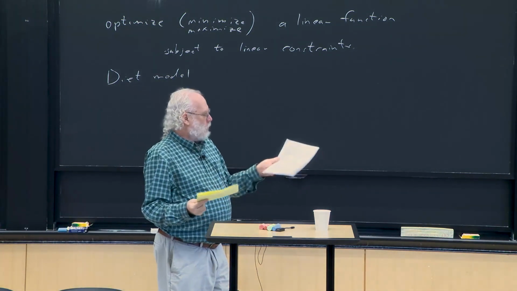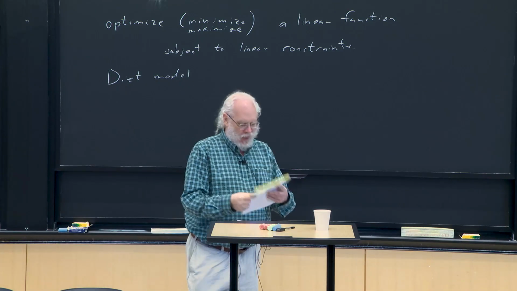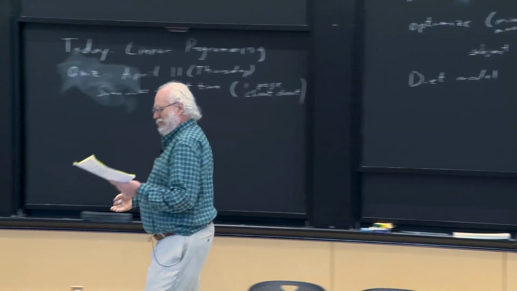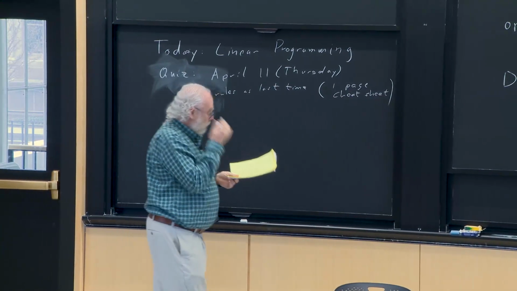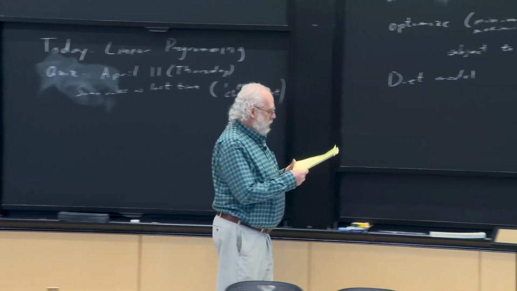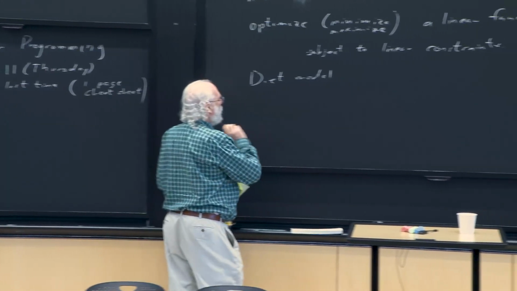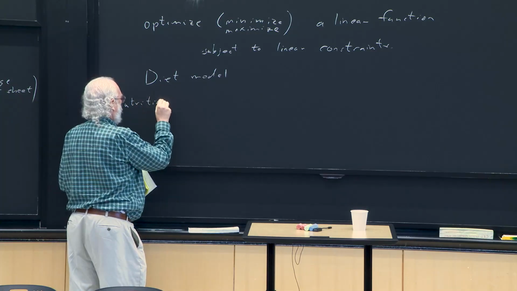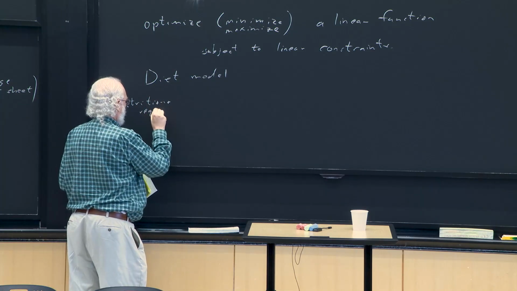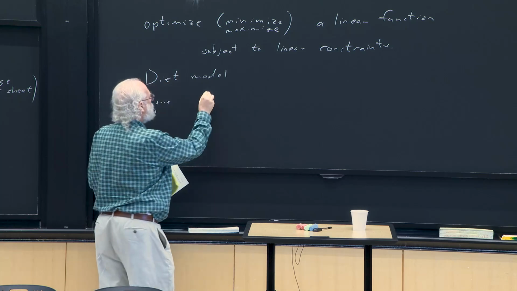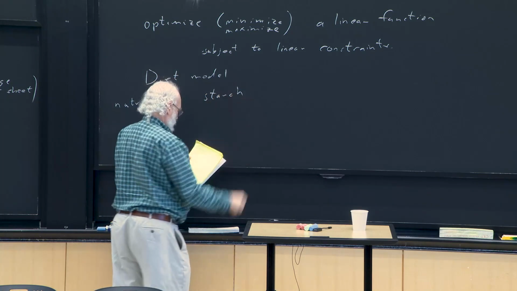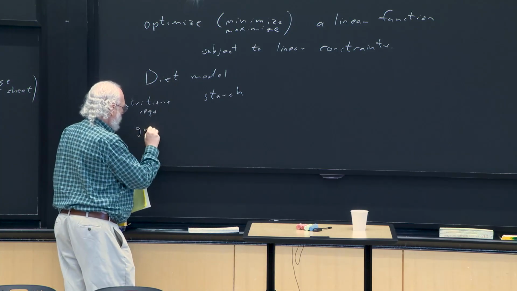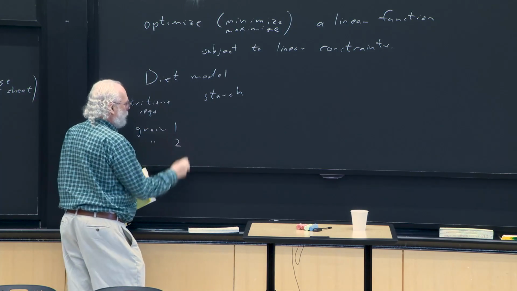This is actually taken straight from the lecture notes. And I think given the costs, it only works if you're feeding mice. So let's say you have some mice, and there are nutritional requirements. And there are 2 grains you can give them, grain 1 and grain 2.